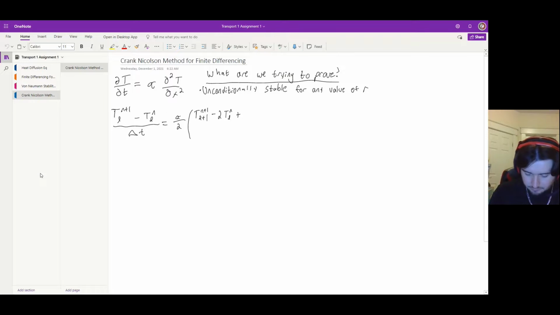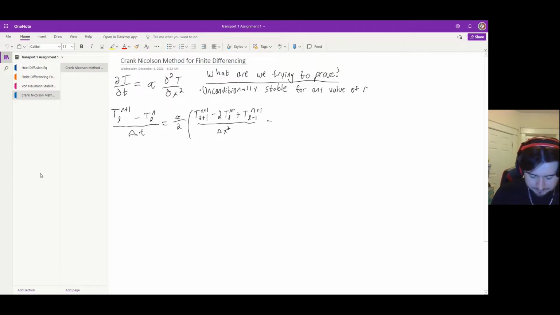plus temperature of the block to the left. Sorry, these are future timestamps, over our change of position squared.